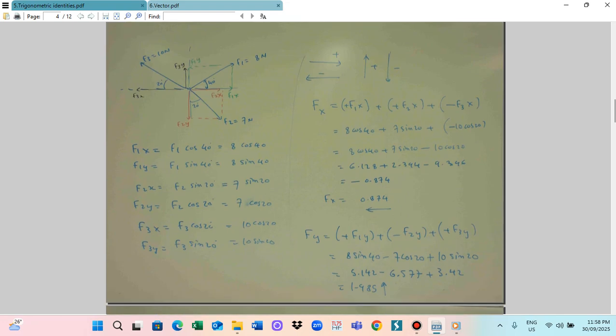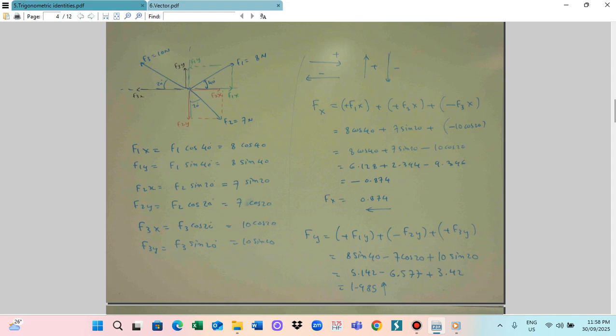So this is for F1. F1 is 8 Newton, at an angle of 40 degrees. We divide this force into the horizontal component F1x and the vertical component F1y. Similarly, F2 is 7 Newton, at an angle of 20 degrees.